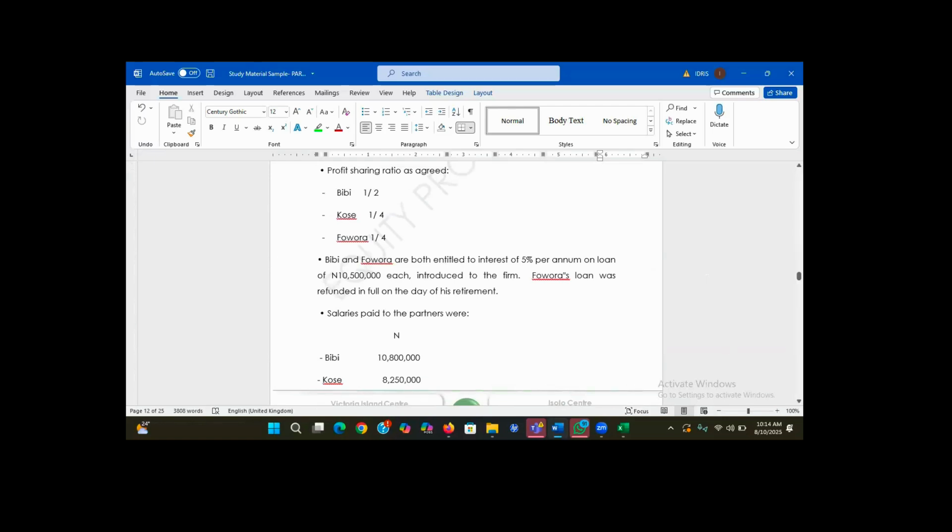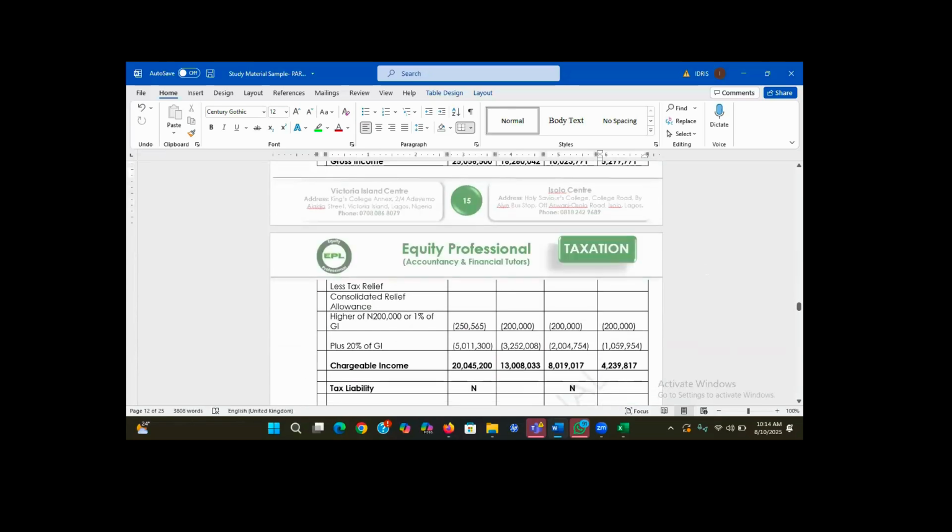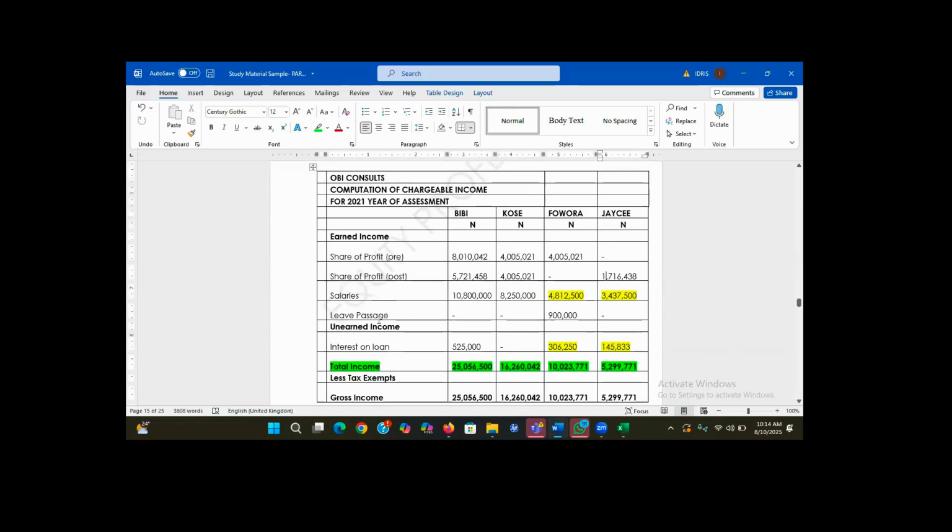Fora salary is 4,312,500. JC salary is 3,437,500. Do we understand how we get that?